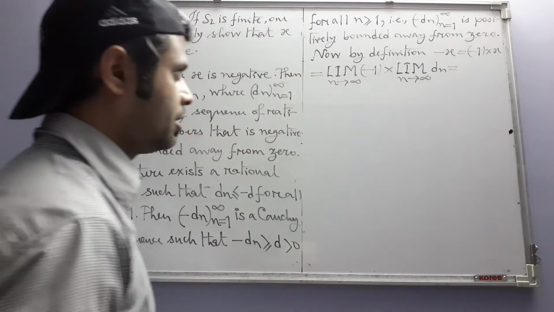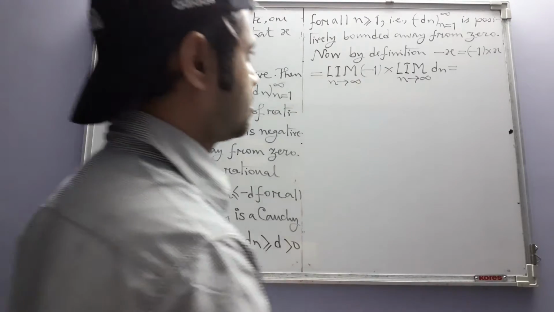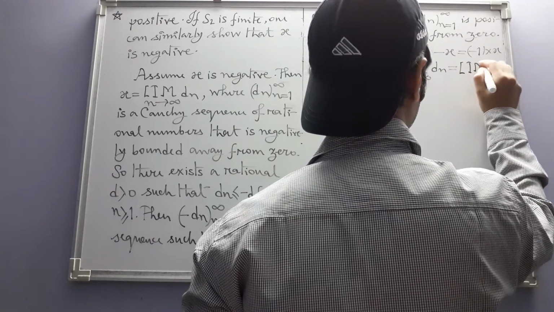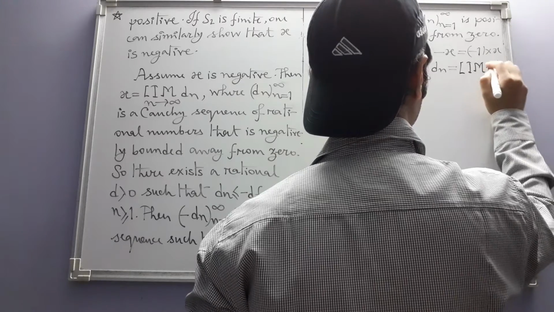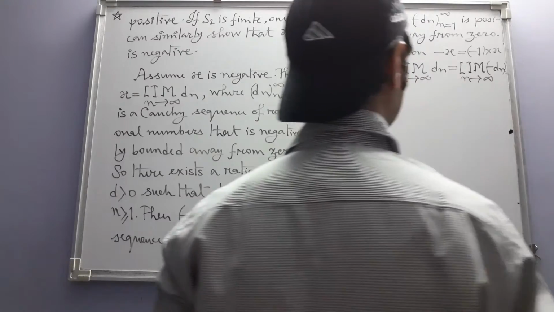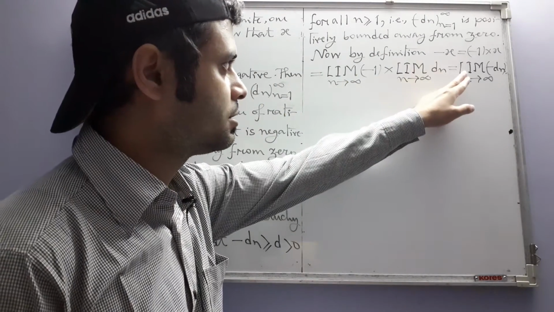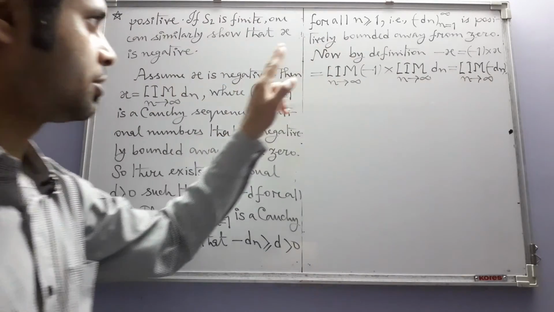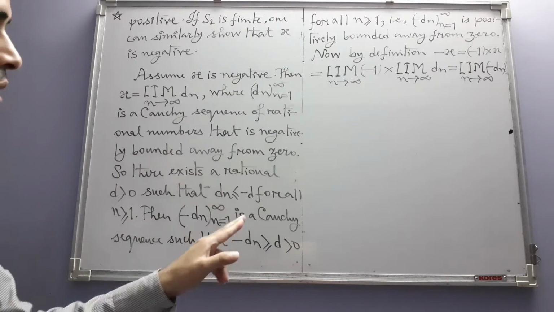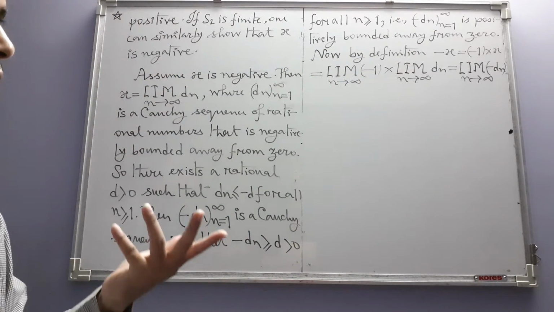Now if we apply the definition of the product of two real numbers, we get this equal to the formal limit of minus d_n. That means minus x is the formal limit of the Cauchy sequence minus d_n, which is positively bounded away from 0.